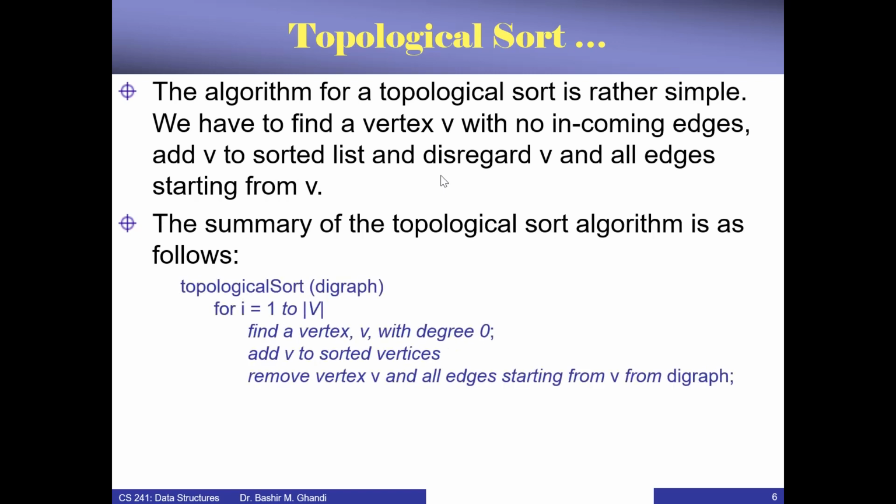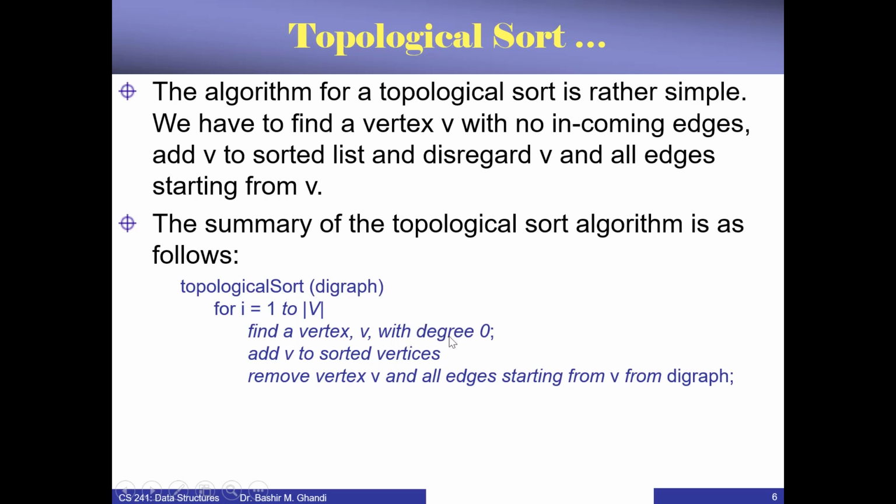Here is the summary of the algorithm. Topological sort will receive a diagram which is acyclic, and then in a loop from 1 to the number of vertices in the graph, we repeat. In each iteration, we find a vertex V whose degree is 0, and here we mean in degree. Since we are talking about directed graphs, there's a clear difference between in degree and out degree.